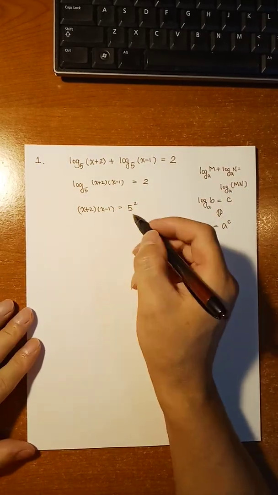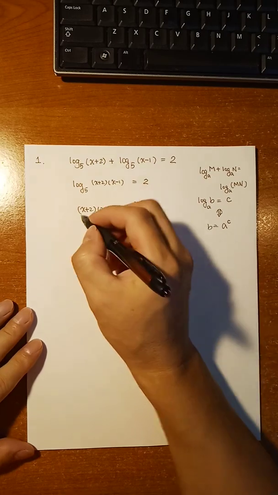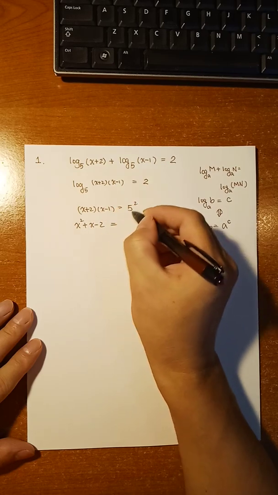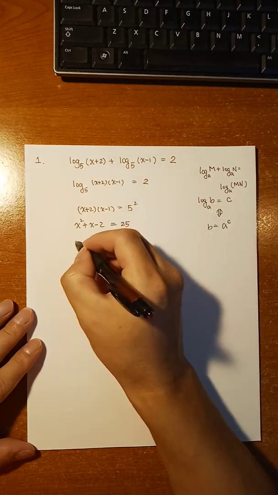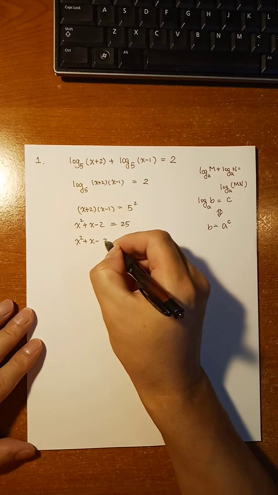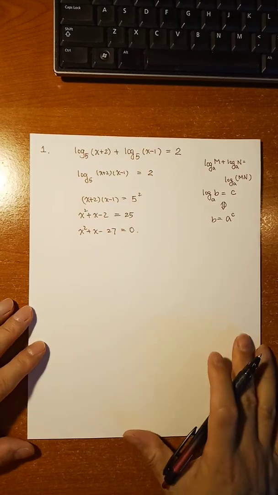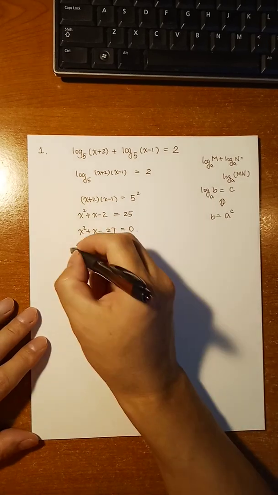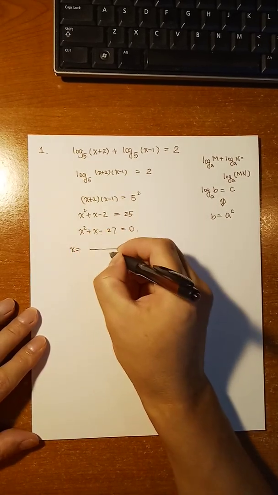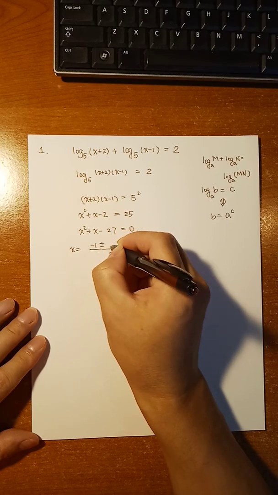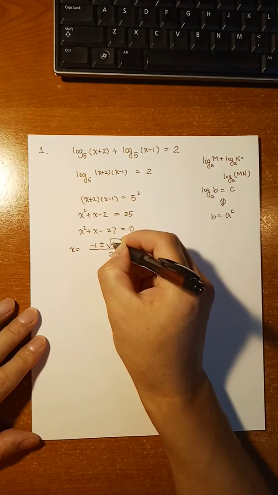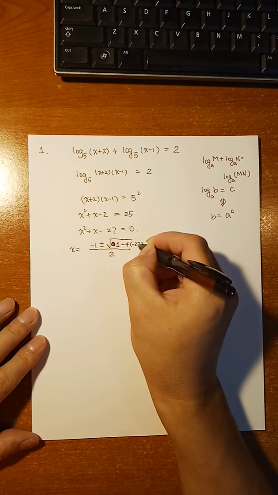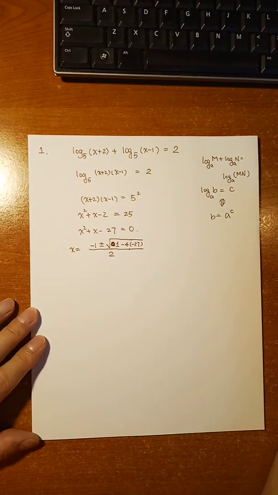All right, let's just solve this quadratic equation. You expand the left side, it says x squared plus x minus 2. The right side is 25. And then x squared plus x minus 27 is equal to 0. Well, this is a general quadratic equation, so you have to use the root formula. x is equal to negative b plus or minus the square root of b squared minus 4ac, over 2a.